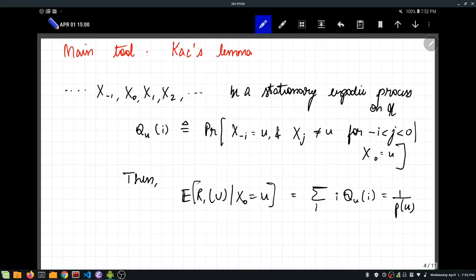Suppose that we have a stationary and ergodic process on some alphabet script X. Let us define this quantity Qu of i, which is simply the probability of the match for a particular symbol, x0, x1, and so on, x minus 1, and so on.